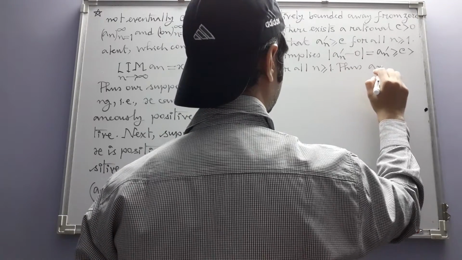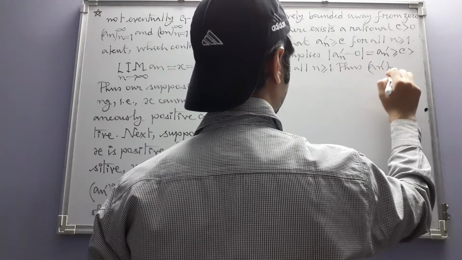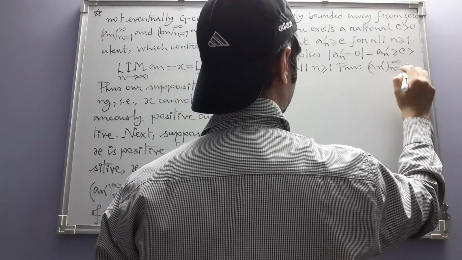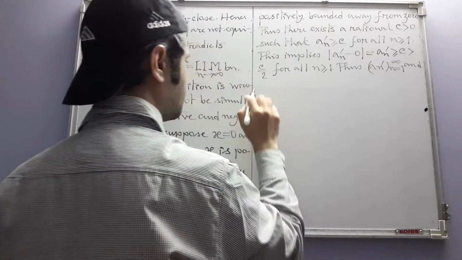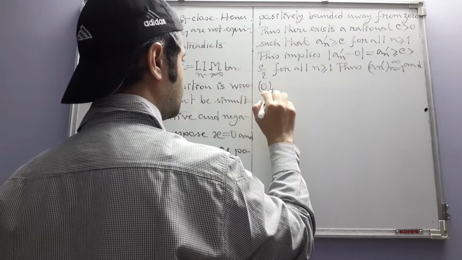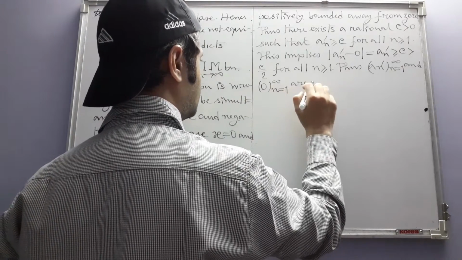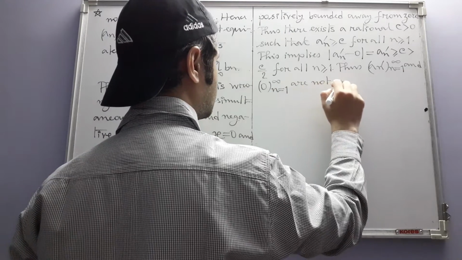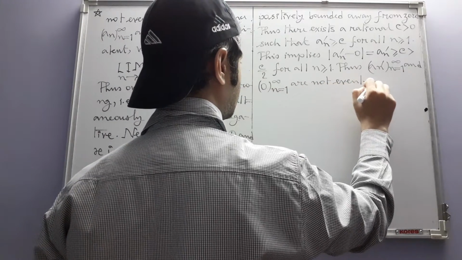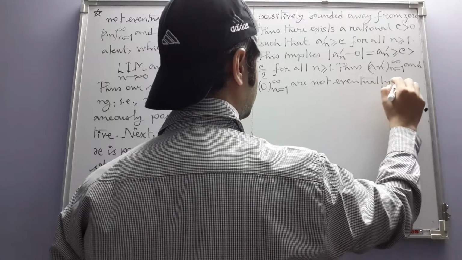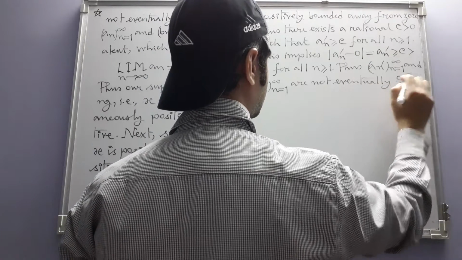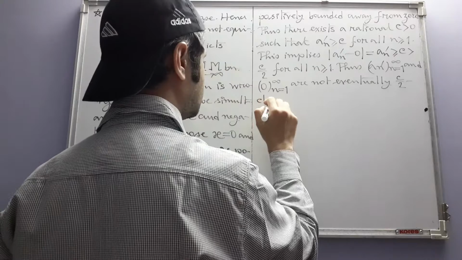Thus, an prime and the constant sequence 0 or the 0 sequence are not eventually C by 2 close.